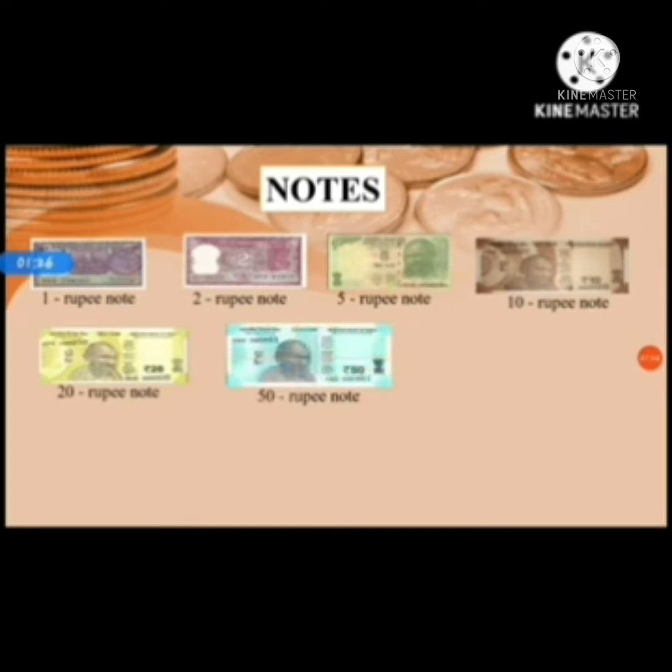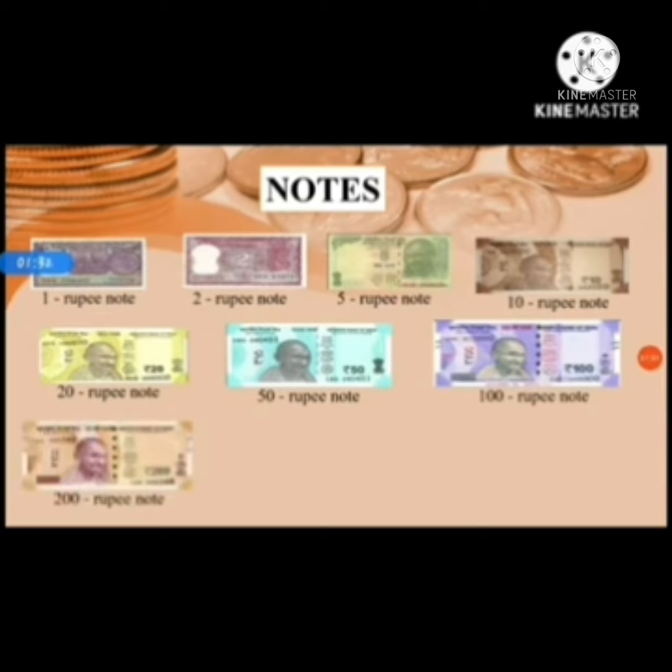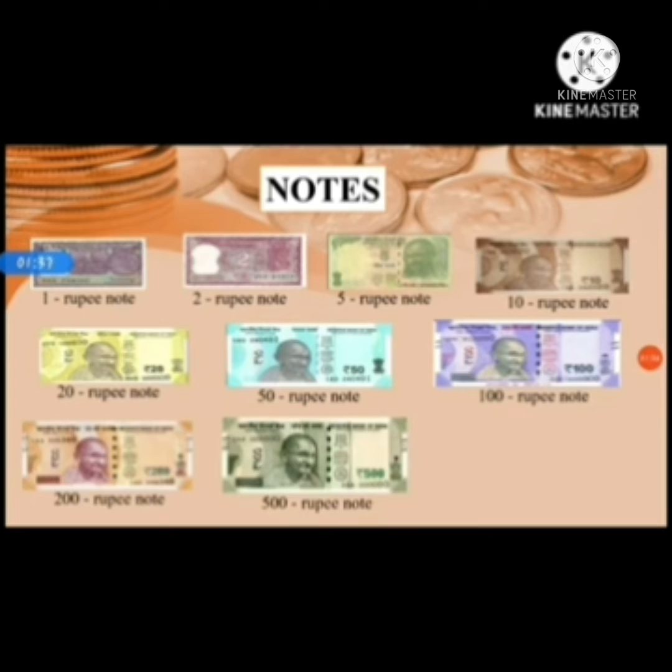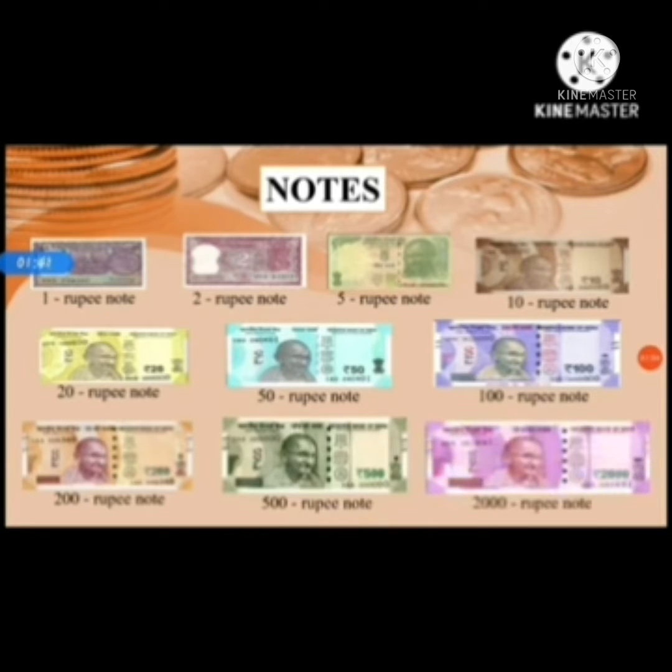Next is 50 rupee note. Then 100 rupee note, 200 rupee note, 500 rupee note and 2000 rupee note. Clear? These are the notes that we are using in our daily life.